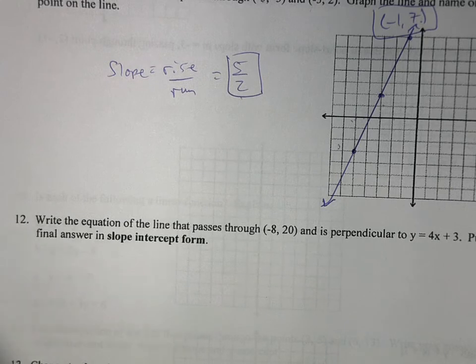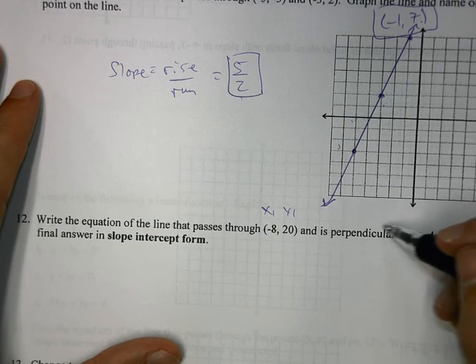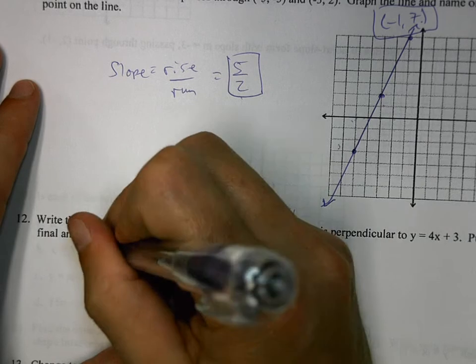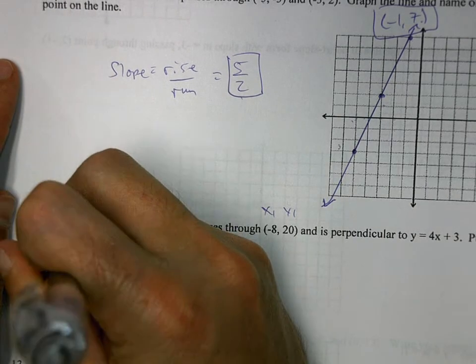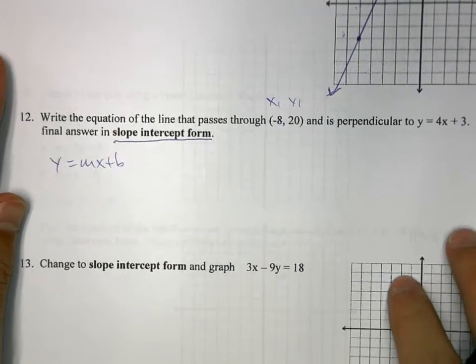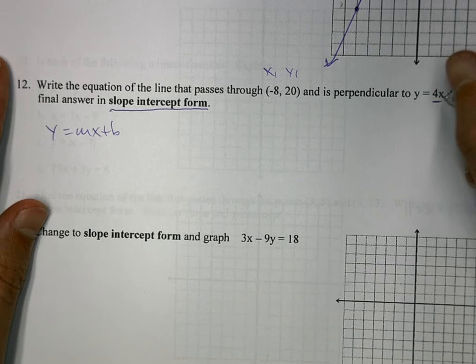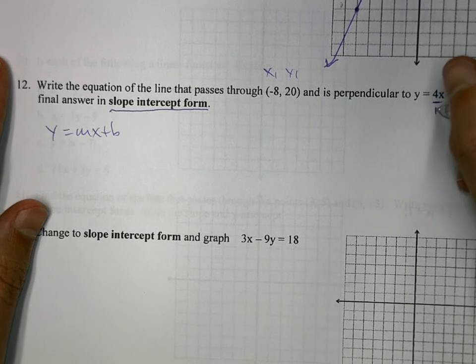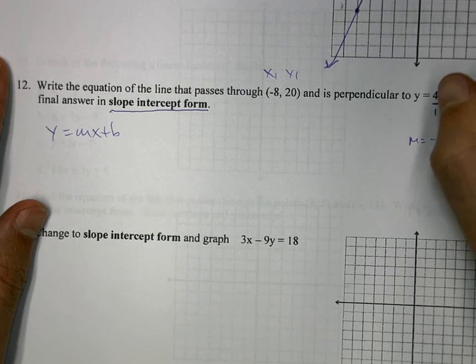12, write the equation that goes through this point, x1, y1, and is perpendicular, and it has to be in slope-intercept form. So slope-intercept form, y equals mx plus b. And perpendicular means we need to take the slope, which is 4 over 1, and use flip and opposite. So our new slope should be negative 1 over 4.